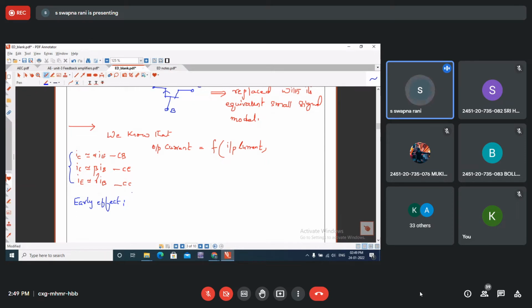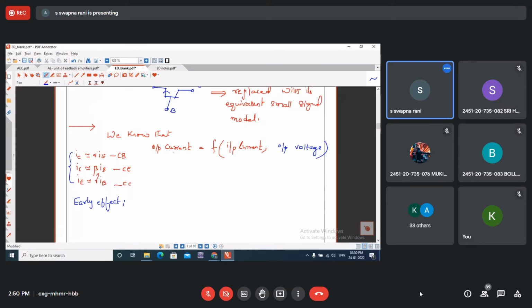A consequence of the early effect is that alpha increases and emitter current increases. So indirectly, output current also depends on the output voltage.